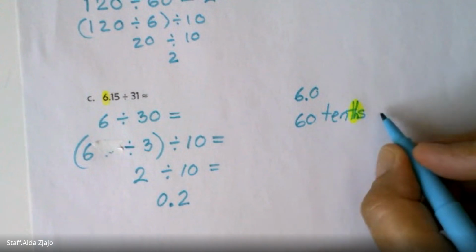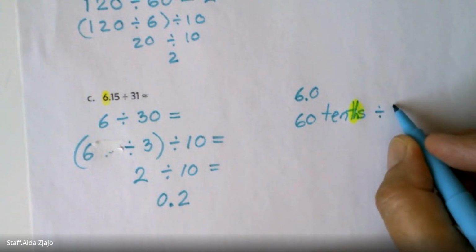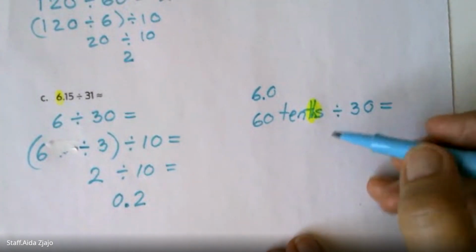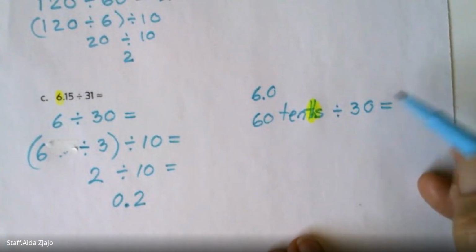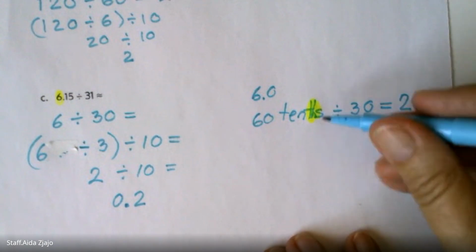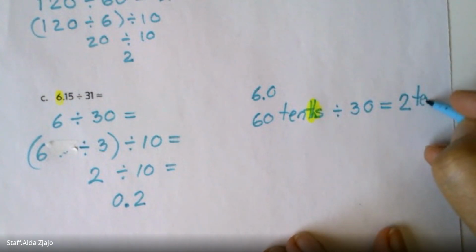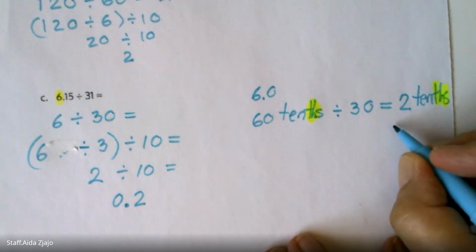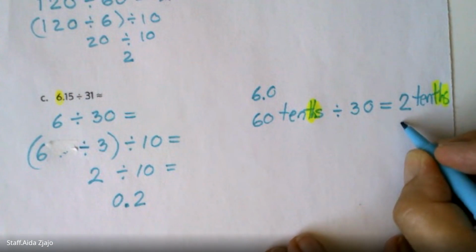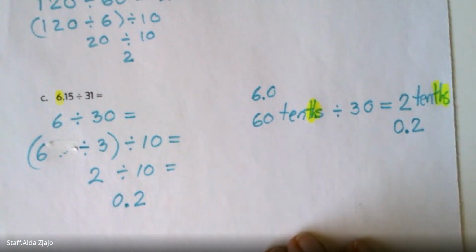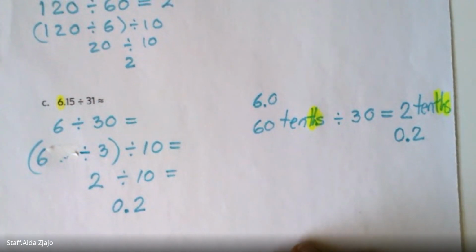And then 60 tenths you can divide into 30 groups. So each group, 60 divided by 3 is 2. Each group will have 2 what? Tenths. So when you change 2 tenths into the whole, the number is 0 whole dollars, only 2 tenths. That is number C.